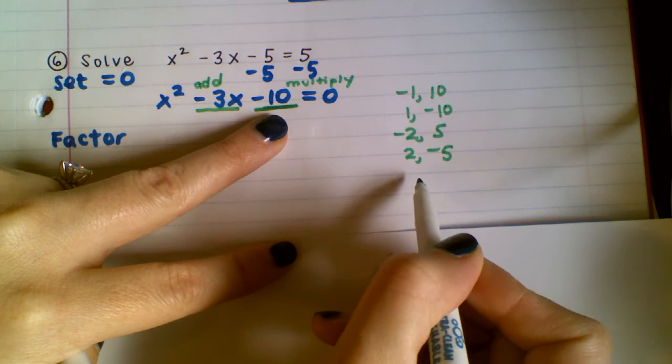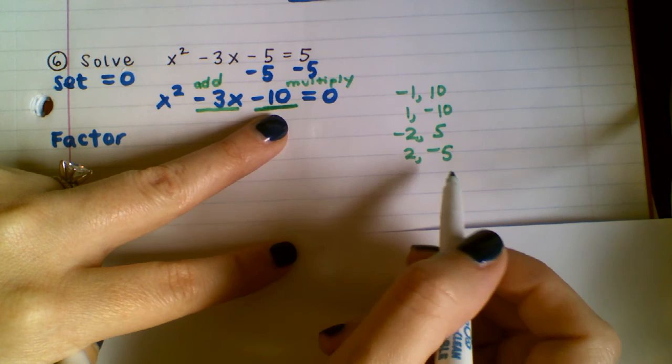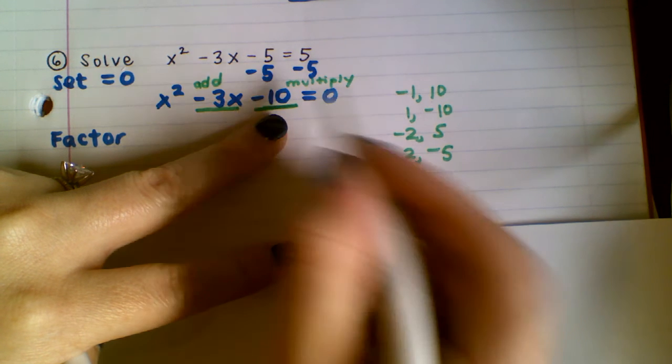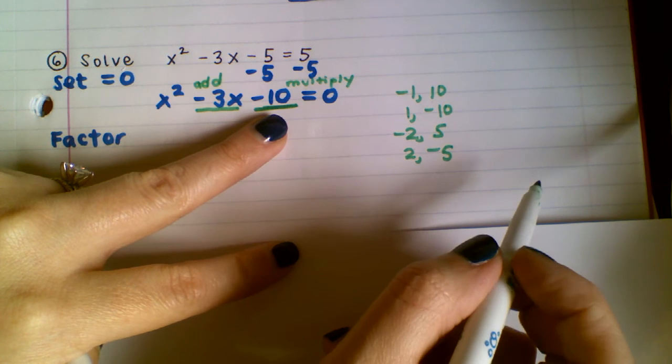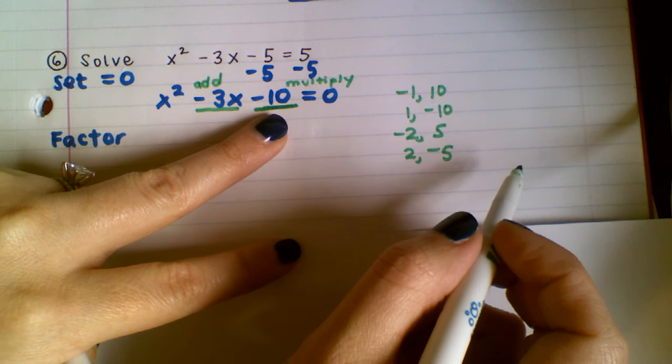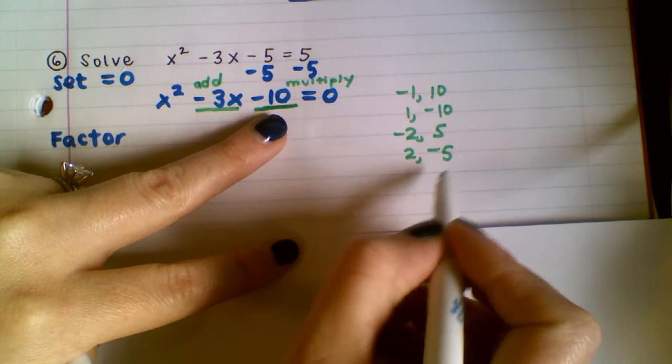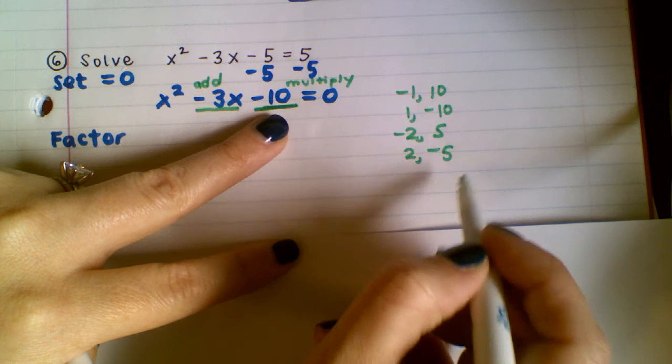1, 2, 3 does not multiply into -10. 4, no. 5 we already have multiplying into -10. 6, nope, that doesn't multiply into -10. 7, no. 8, no. 9, nope. 10. So here's my list of numbers that multiplies to -10.